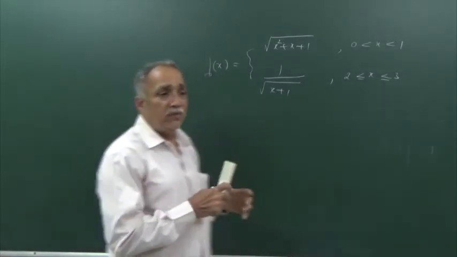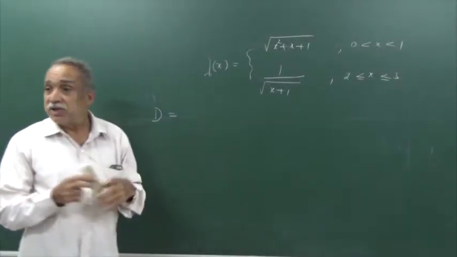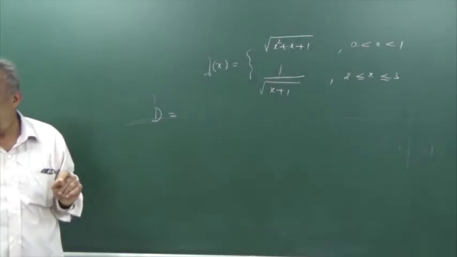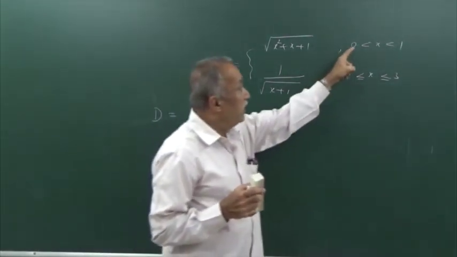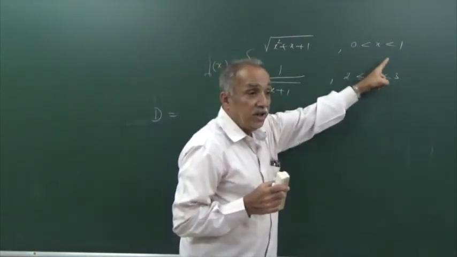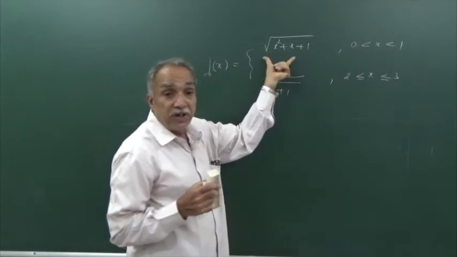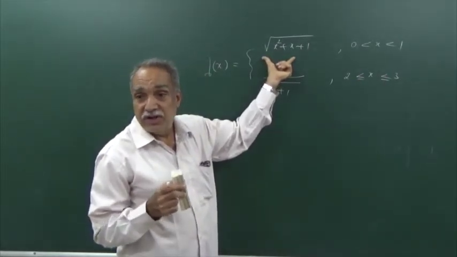What will be the domain for the function? At which points is my function defined? Before copying these intervals, just check throughout this interval, is this expression obtainable? Have a cross check.